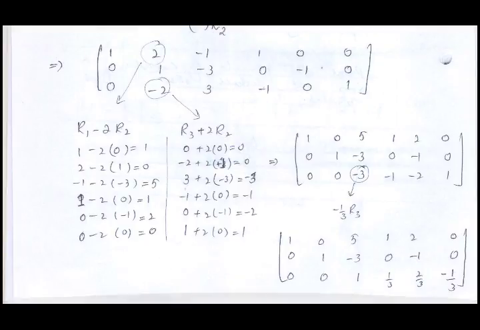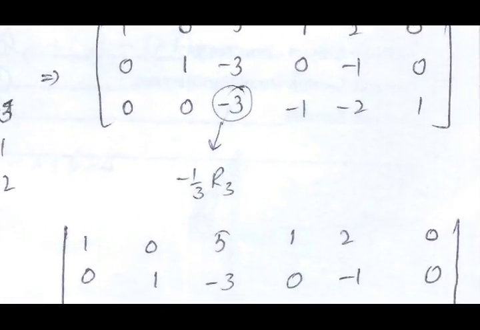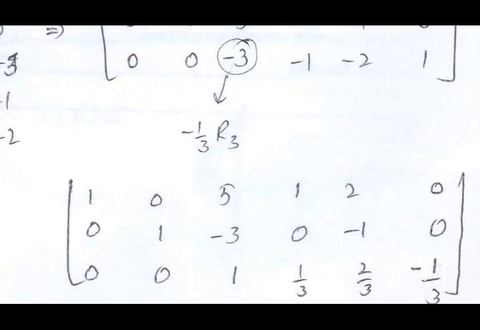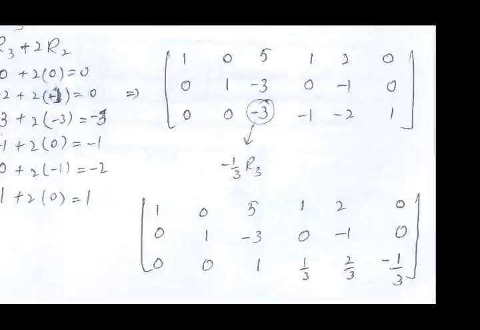Now in the third column we have -3. We divide by -3 and we get 1 here, and in the next step we make 5 and -3 equal to 0.